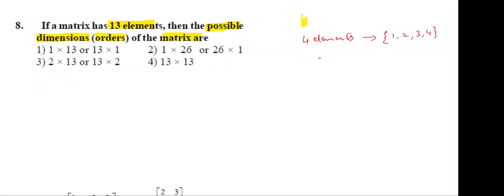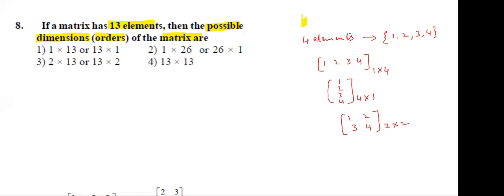How many matrices are possible? See, 1, 2, 3, 4. This is a row matrix. What is the order? 1 by 4. Next, 1, 2, 3, 4. This is a column matrix, 4 rows, 1 column. Next, we can write 1, 2 in one row and 3, 4 in the next. Only 3 matrices are possible.